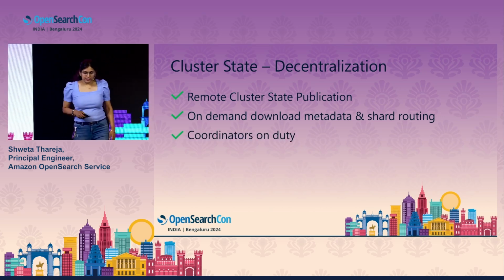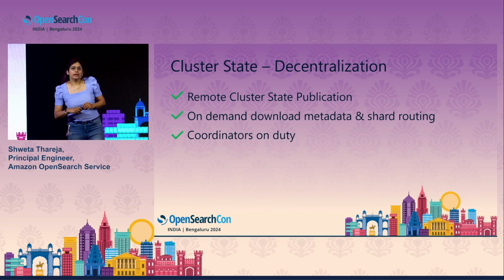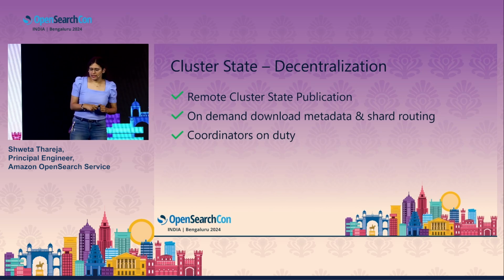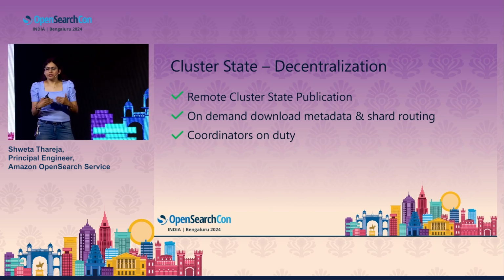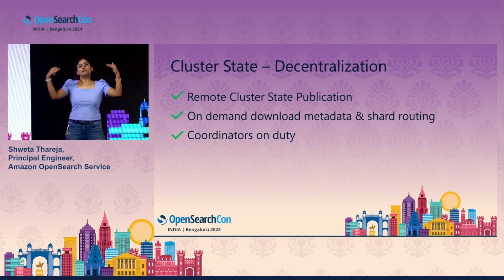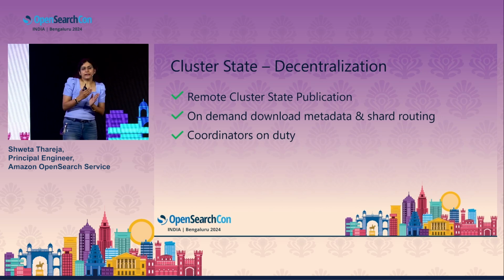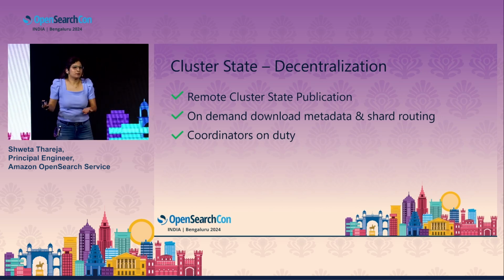Yeah, and the other thing is for coordinator nodes, that's where dedicated coordinator nodes help. We know the coordinator node's responsibility is to route the request, so it needs a full view of the routing table. But if the data node is doing double duty, acting as a data node and also a coordinator, it cannot have that optimization.